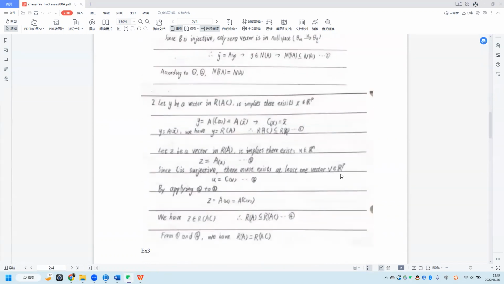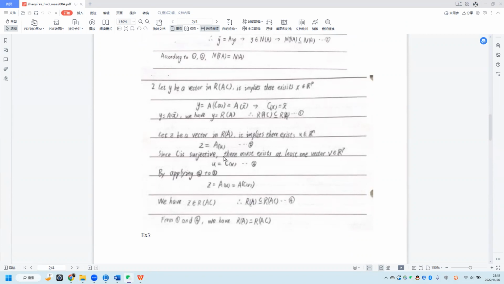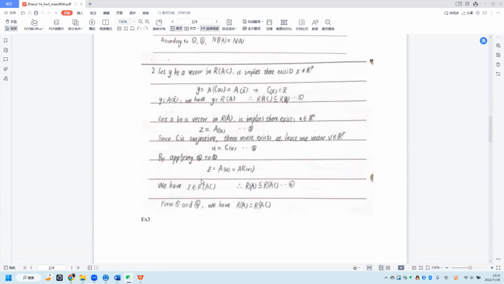So we can conclude that there must exist an element, a vector v belonging to Rp, at least one or more, so that Cv is equal to u. By applying u equals Cv here, we can find z is equal to Au, which also equals ACv. So we can conclude that z is also a vector which belongs to the range of AC.